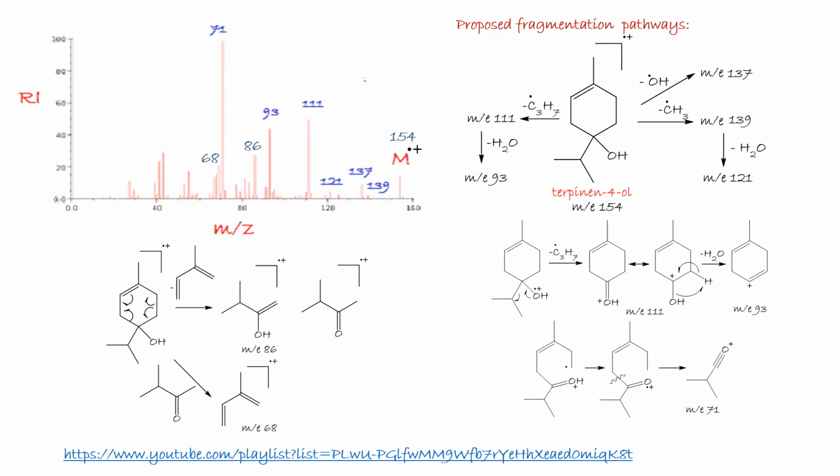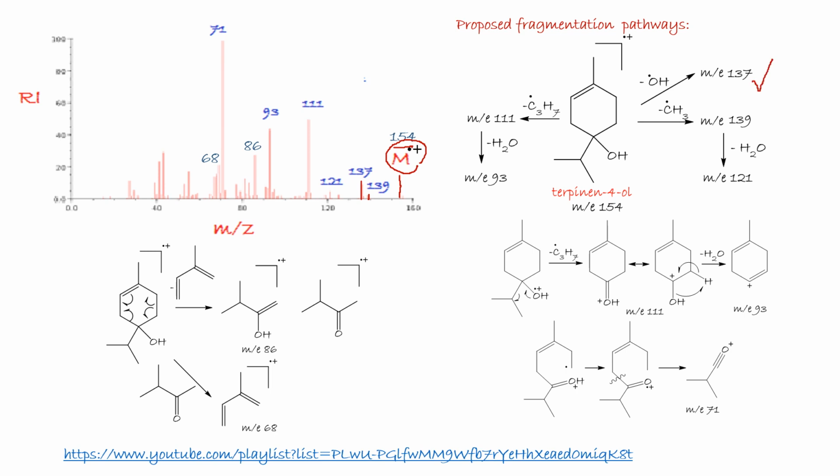Let us look at the mass spec electron impact of terpinen-4-ol. The molecular ion cation radical appears at 154 for the molecular ion. We have a peak at 139 and a peak at 137.